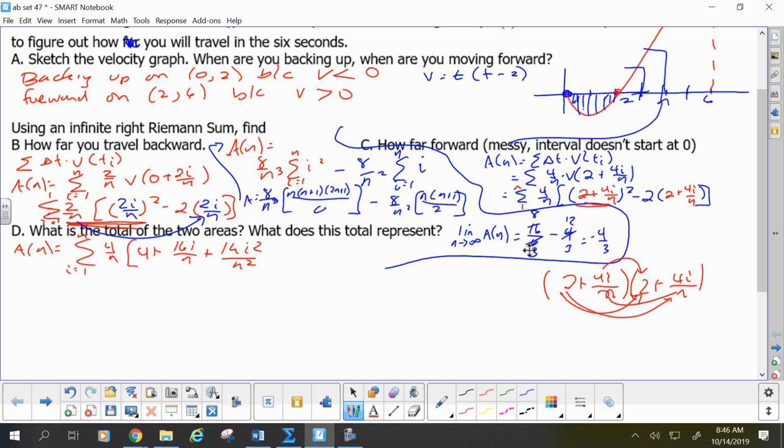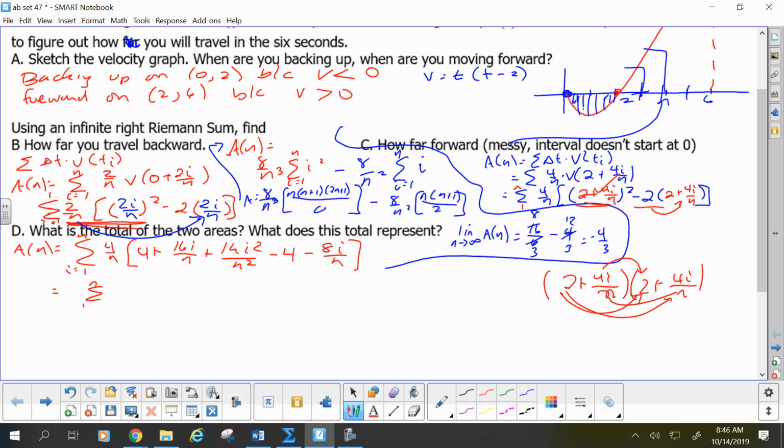You with me? Okay, we got this done. Now we need to distribute negative 2 to 2. Negative 2 plus 2 is negative 4, and negative 2 times 4i over n. Negative 8i over n.